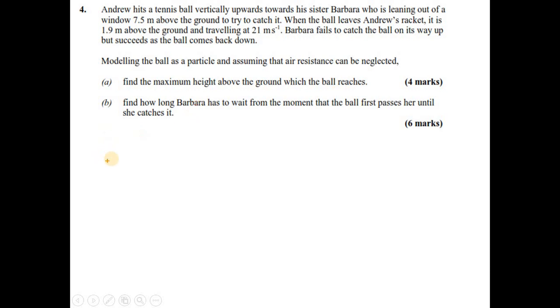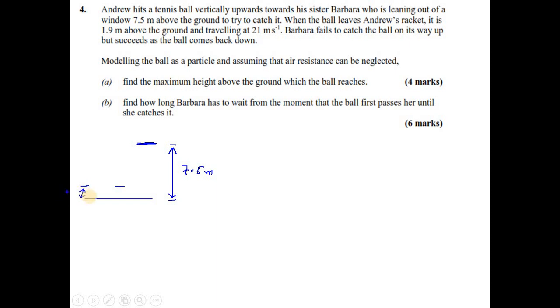Now if you see the situation and if you're able to draw the diagram, the most important thing in these kinds of questions is you must visualize the condition, and if you can draw the diagram, it will be a good help for you. So this is the ground, suppose, and here is the window, and this distance is 7.5 meter, and here is the racket, and this racket is 1.9 meter above the ground.